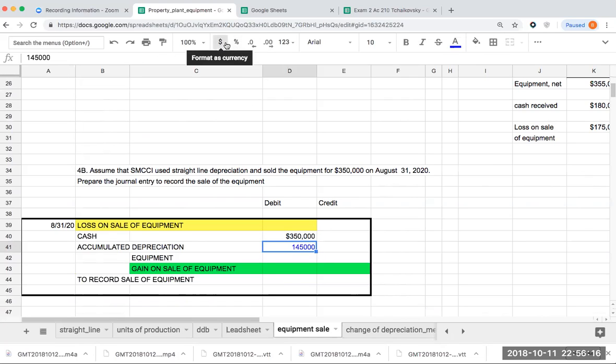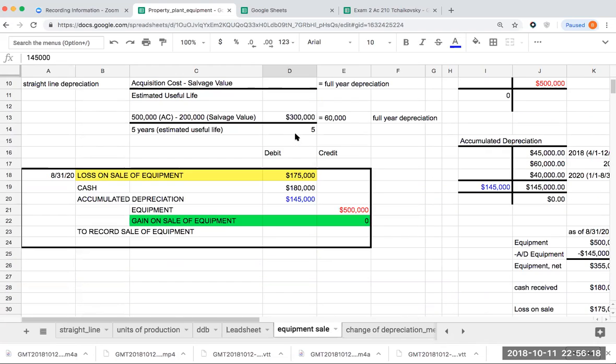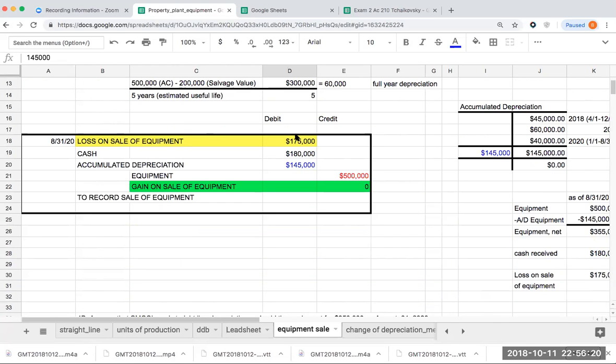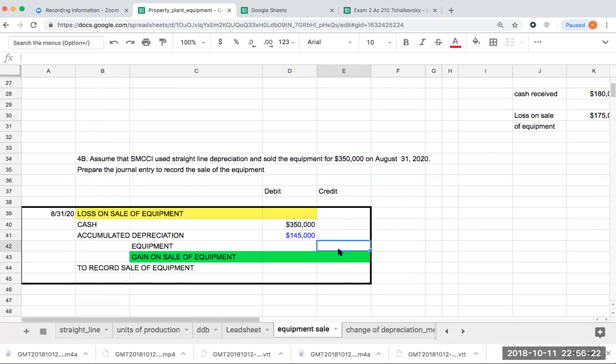Again, that's not going to change. It's the same calculation. And my equipment value here is $500,000. Again, that doesn't change. I still have to get that equipment off my books. But what is changing is right here.